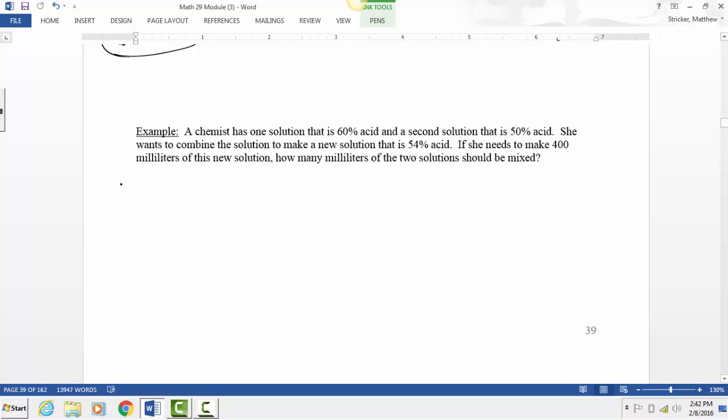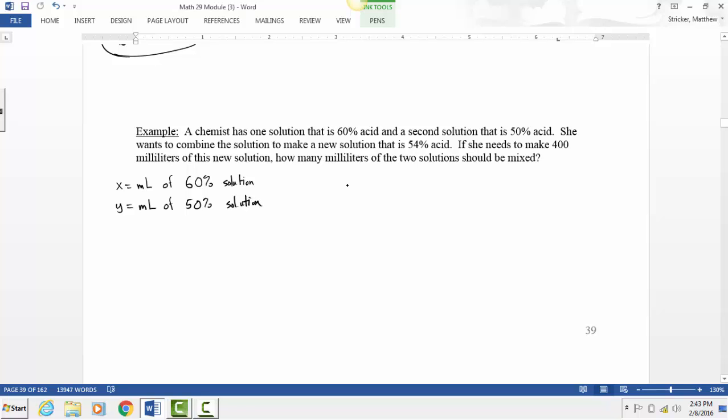So we have two unknowns here. We have x and y. X is the number of milliliters of the 60% solution. And then, of course, y is the other one. Y is the number of milliliters of the 50% solution.